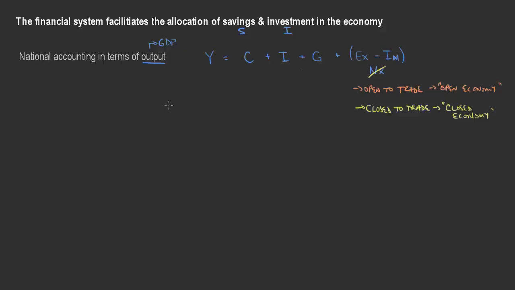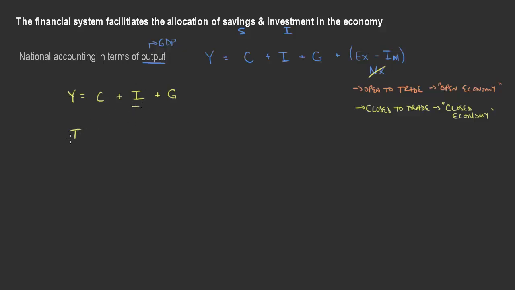So in a closed economy, we have Y, output, equal to consumption plus investments by firms or household purchases of housing, plus government expenditures. We can rearrange this in another direction, and I want to solve for investment here.